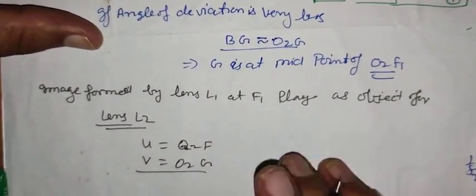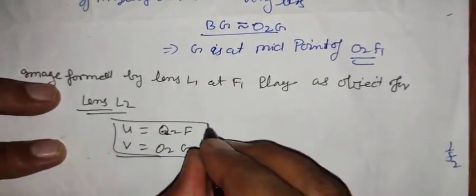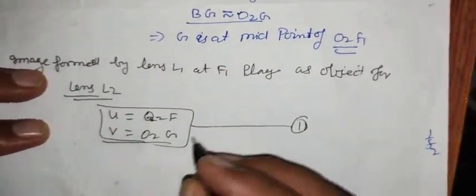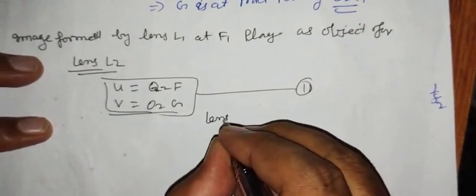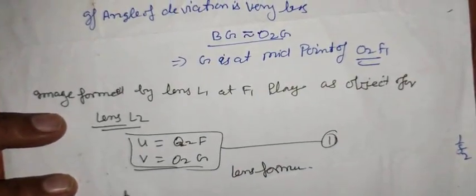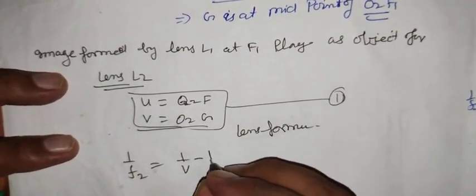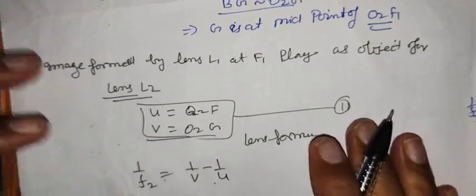See in this diagram. Now we are going to use this as equation number 2. Now we are going to take the lens formula. What is this? 1 upon F2 for the second lens, 1 upon V minus 1 by U.